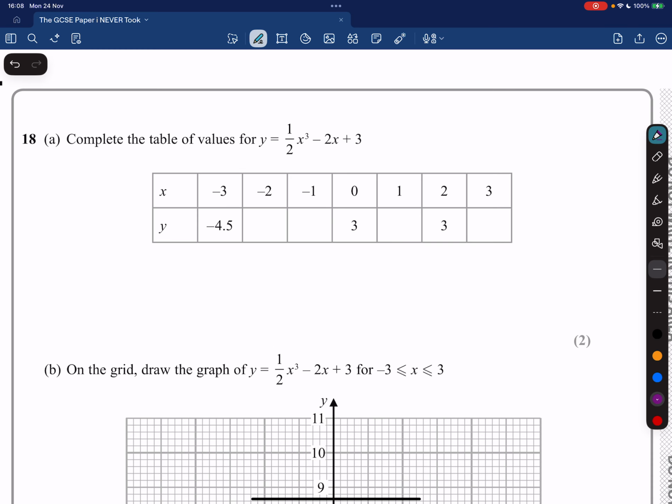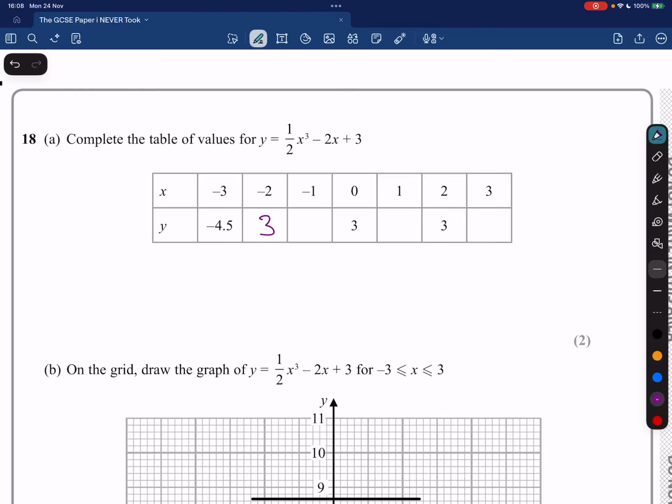Oh god. Okay, so I'm going to plug in the numbers. 1/2 times minus 2 cubed, minus 2 times minus 2, minus 2 times minus 2 plus 3. So that means y is equal to 3.